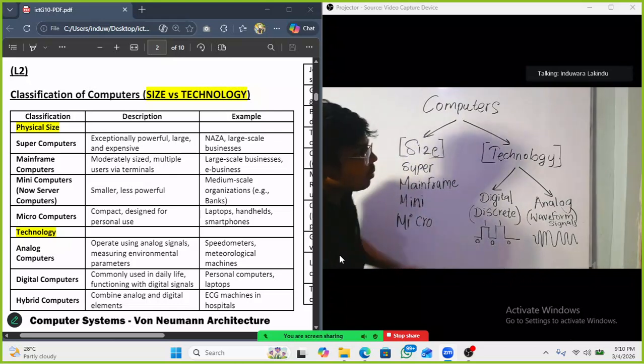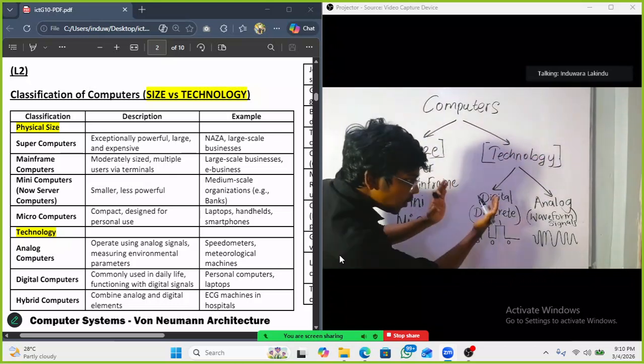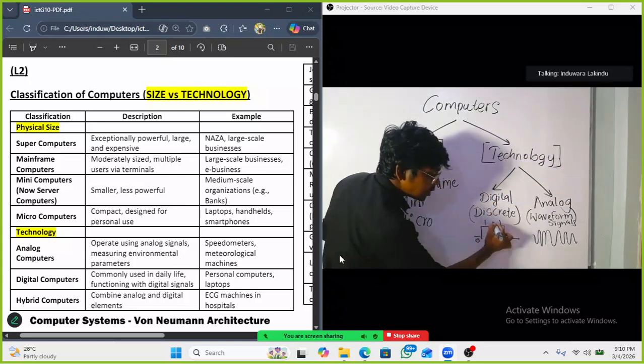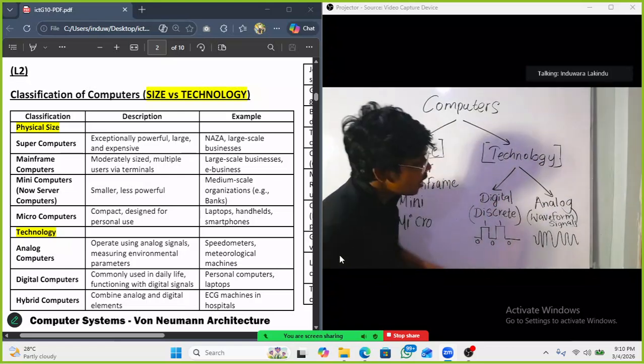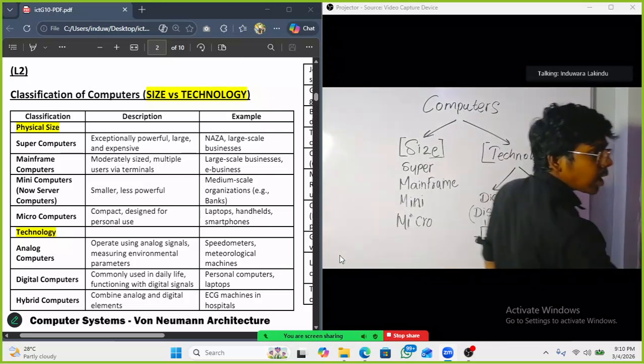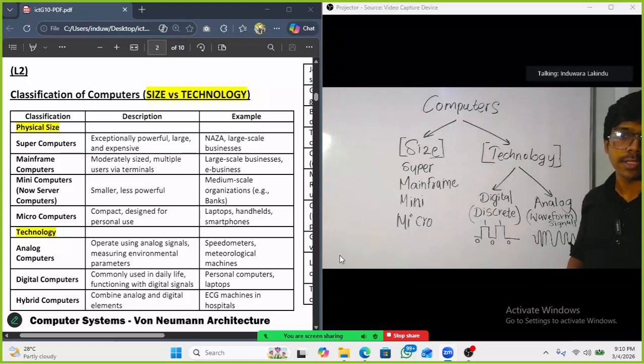Based on technology, we can categorize into 2: digital and analog. Digital means discrete signals, that means high and low signals. Analog means waveform signals. Signals travel inside your computer as waves. That is the main difference.